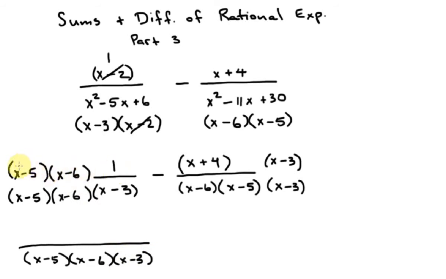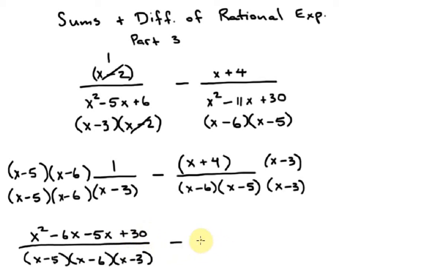So I might as well just start expanding out the brackets. So I'm going to have an x squared, a negative 6x, a minus 5x, and a positive 30. So there's my very exciting first fraction.